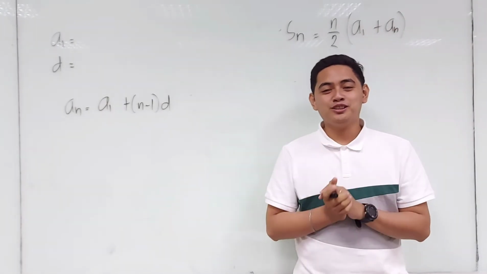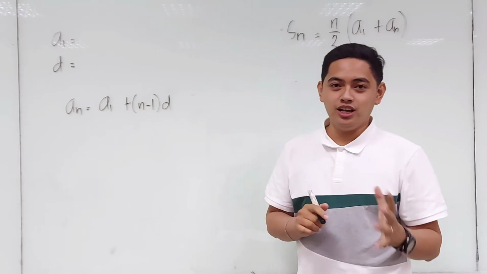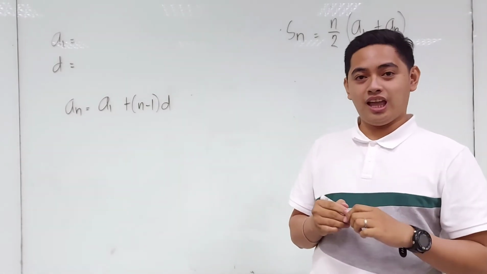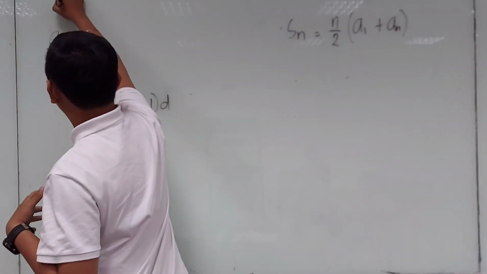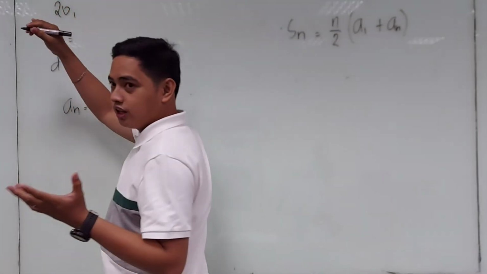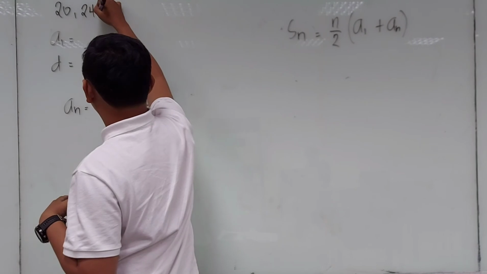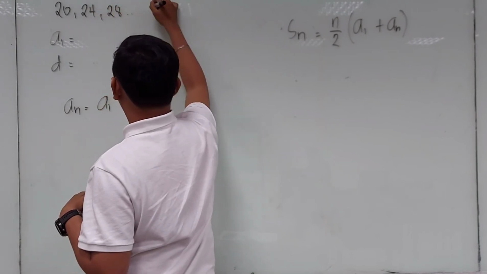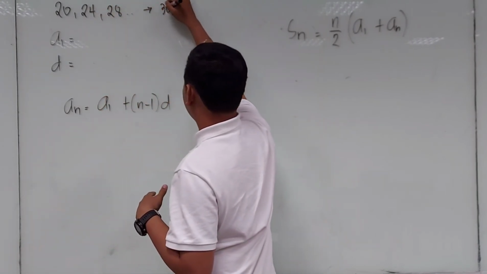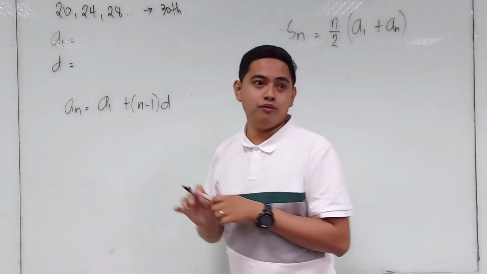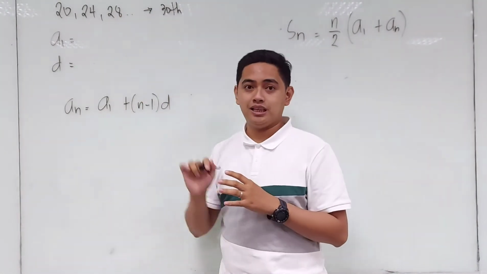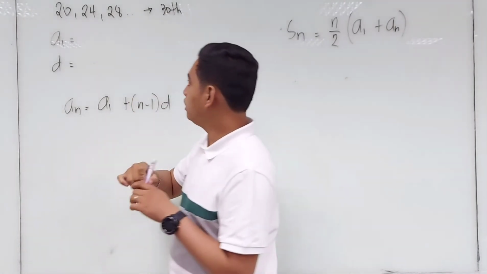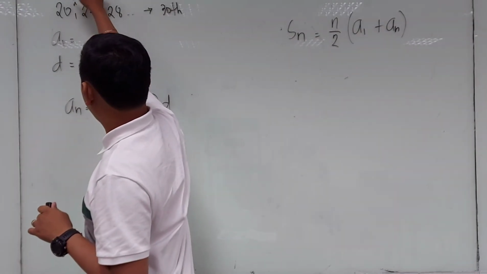Okay. So based on the story that we had earlier, the auditorium or the theater has 20 seats on the first row, and the second row has 24 seats, 28 seats, and so on up to the 30th row. Given this sequence, we can conclude that this is an arithmetic sequence with a common difference of 4.